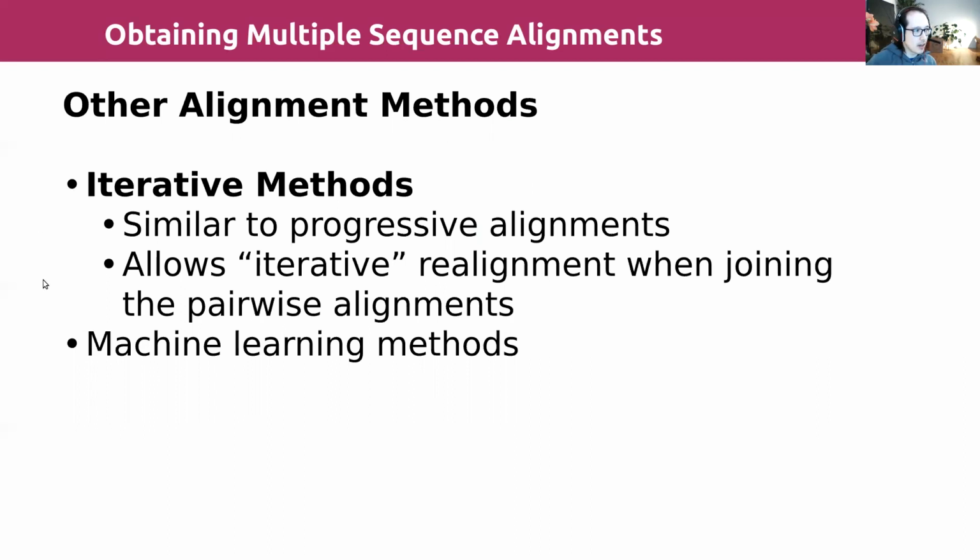And you have a class that are called iterative methods, which allow you to iteratively realign and refine alignments as you go. There are also machine learning based approaches that are popping up. So this is an active area of research.